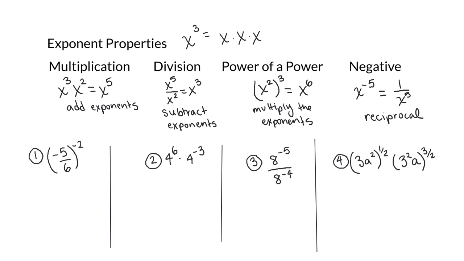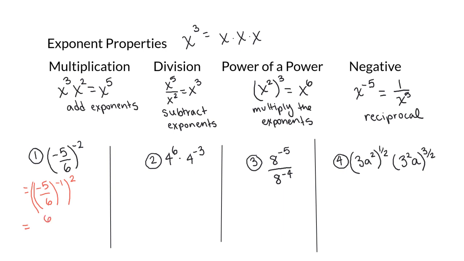Okay, so a few examples. Example 1, negative 5/6 to the negative second. I would rewrite this as negative 5/6 to the negative 1, all of that squared. Because the negative 1 power is just going to flip that fraction, take the reciprocal of that fraction.